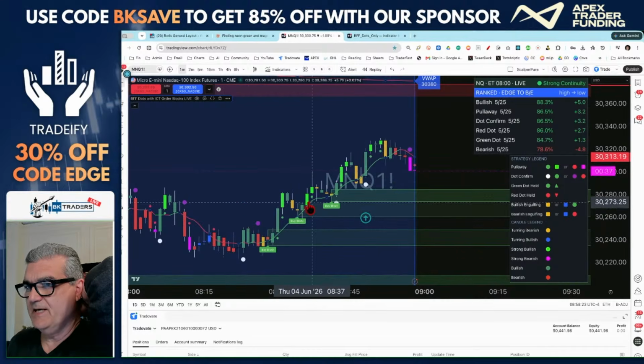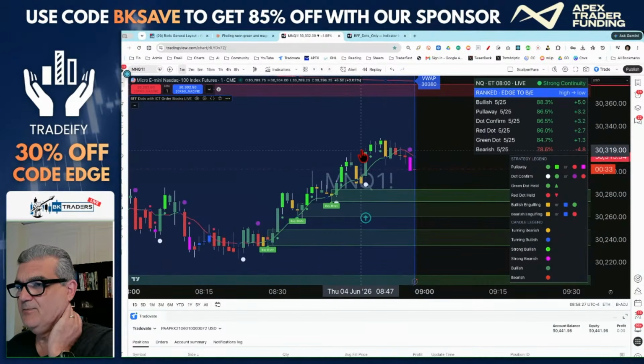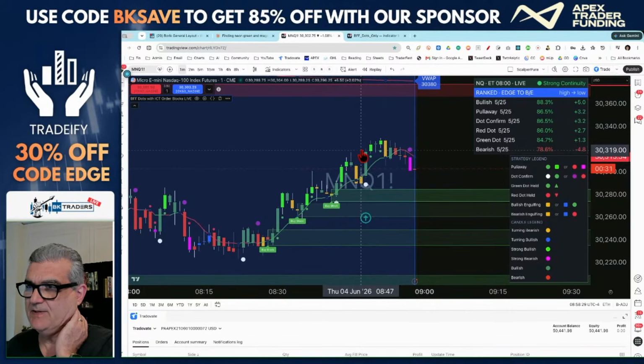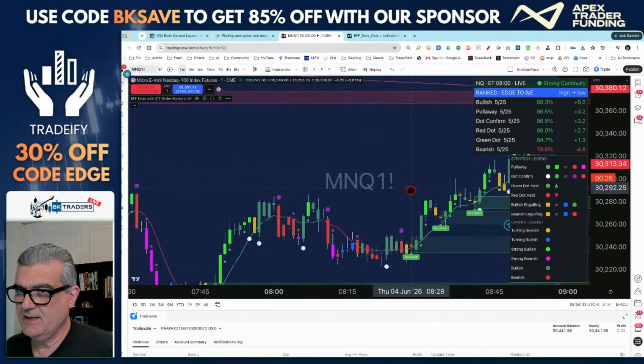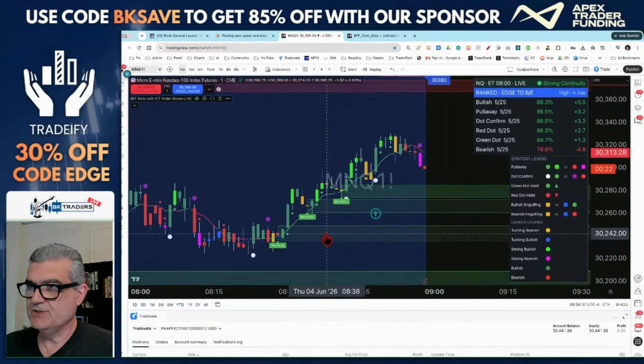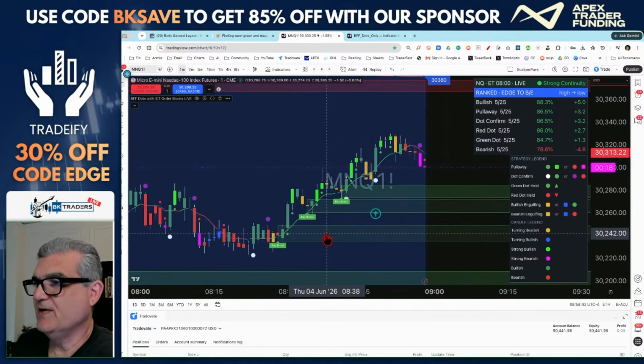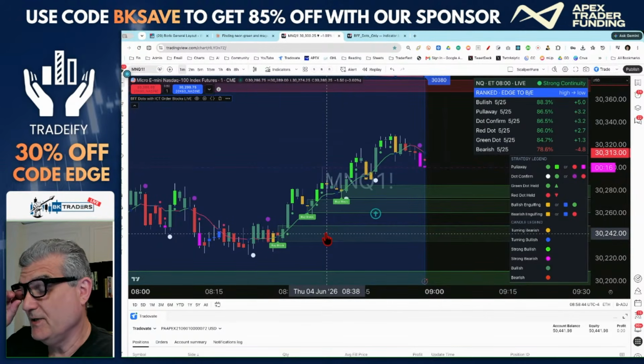So in this particular case, you had 4-1 on the pullaways. The pullaways would be net negative a little bit if you didn't increase size. If you just simply traded the whole thing, the bullishes were all positive. So for argument's sake, you didn't want to do any size at all.